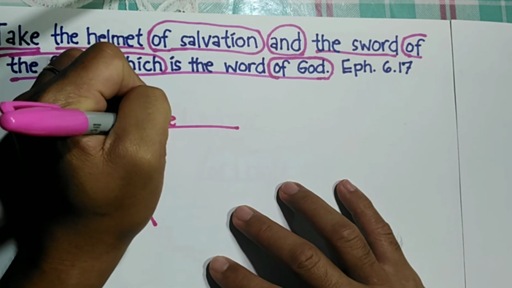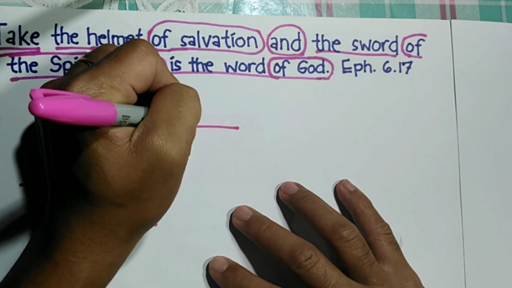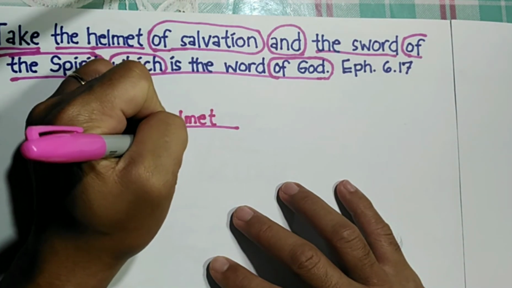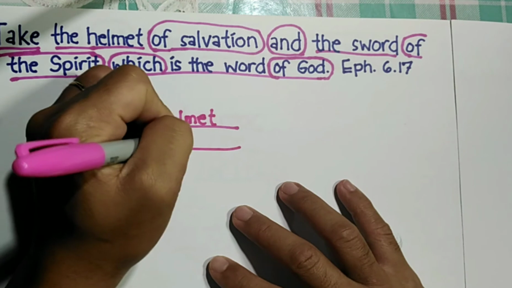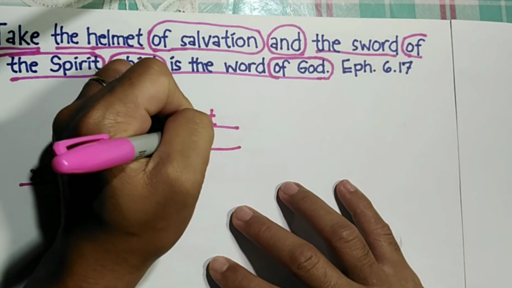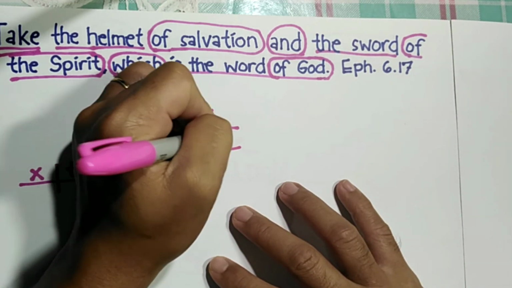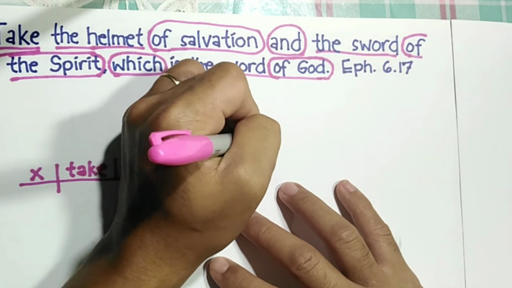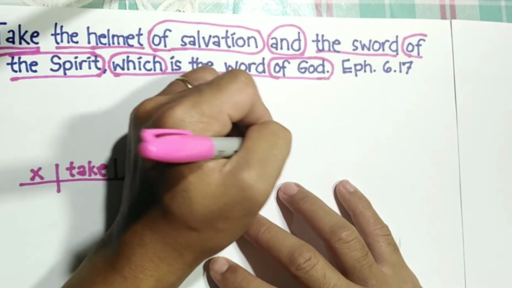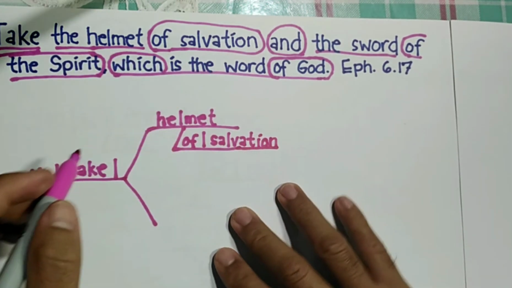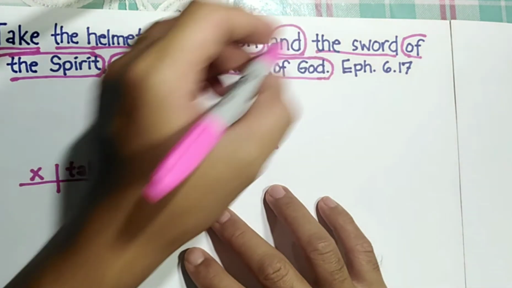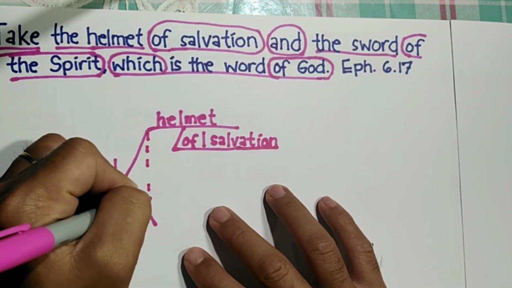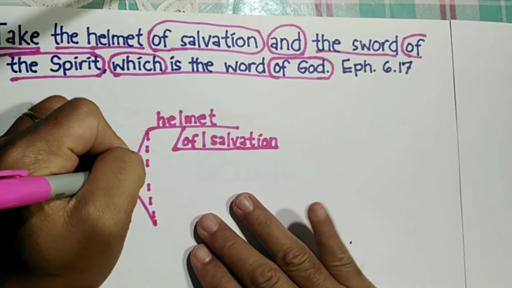Helmet. Helmet of what? Okay, salvation will go down because this is a prepositional phrase. Salvation. And then the coordinating conjunction, and.